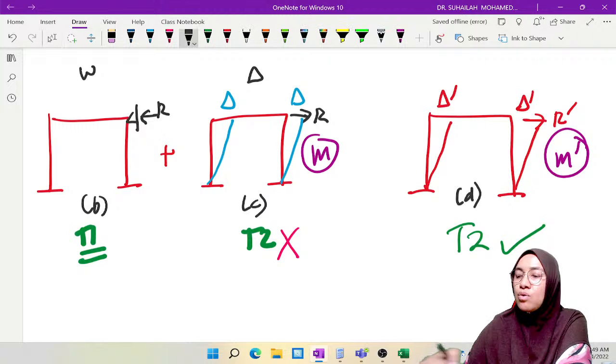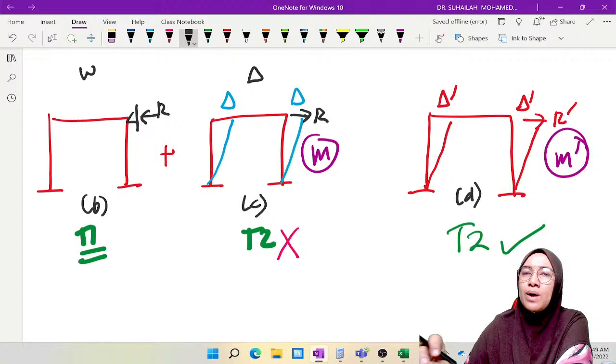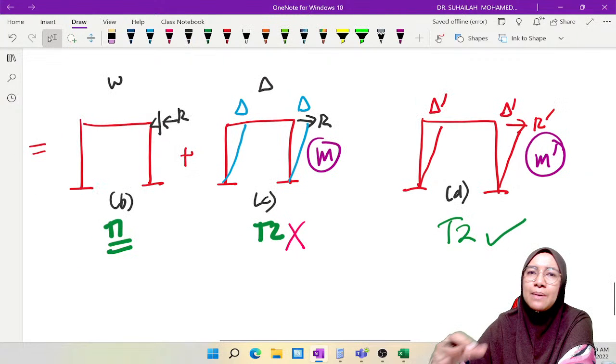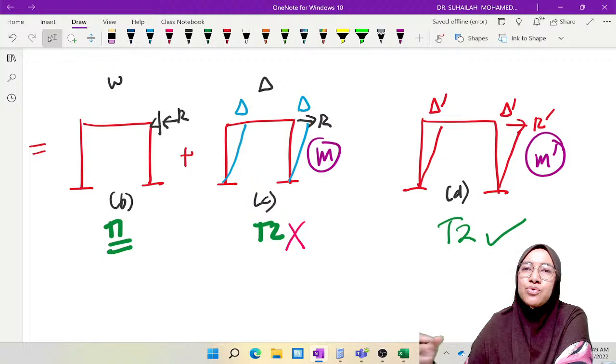Okay, why do we need to have R divided by R prime, how do we get that? We have to do interpolation between C and D. Because in this solution, until the end, we don't need to calculate or show the delta value.